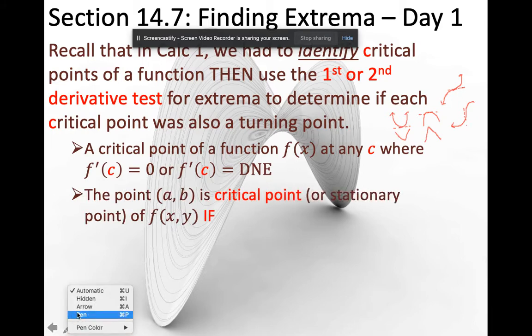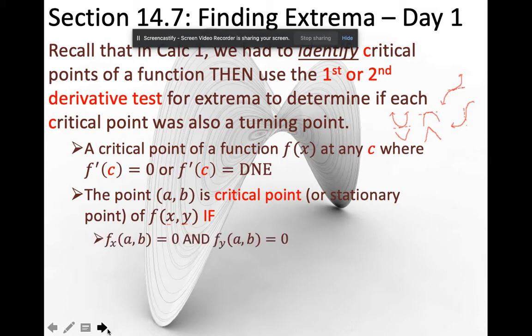In multivariable, we are going to define a critical point or stationary point of a function in terms of x, y, if the partials are equal to 0, right? So the rate of change with respect to x and the rate of change with respect to y are both equal to 0.